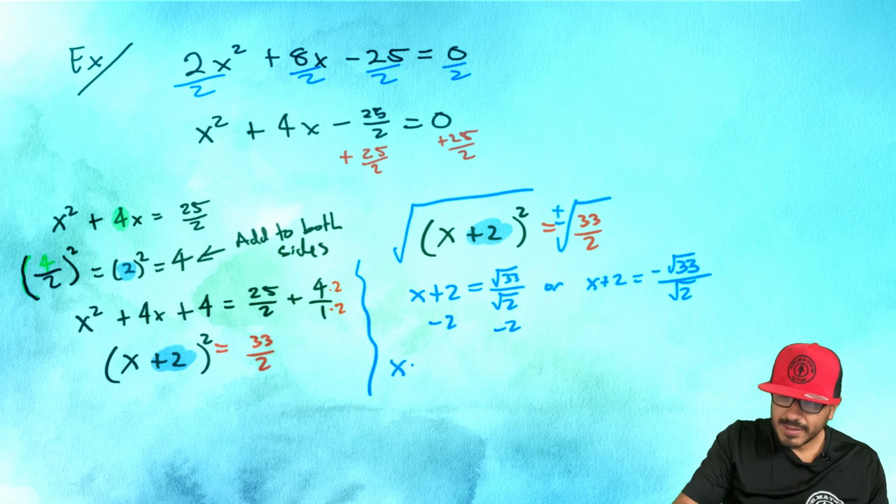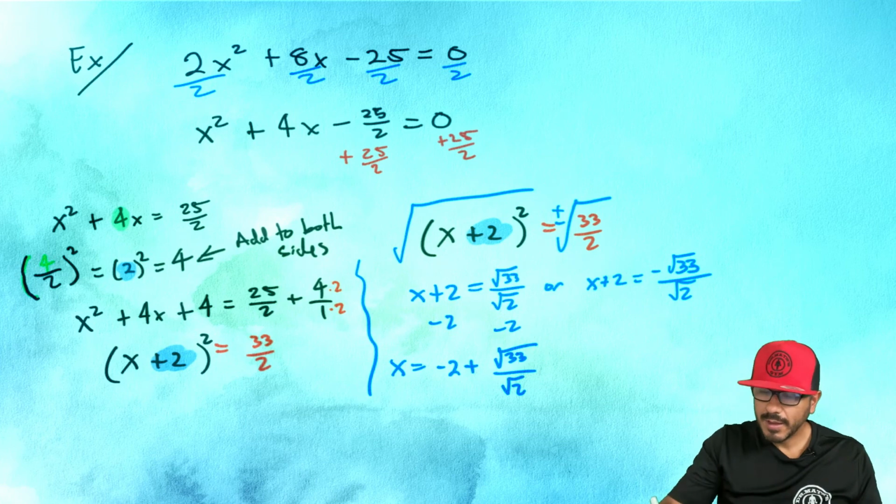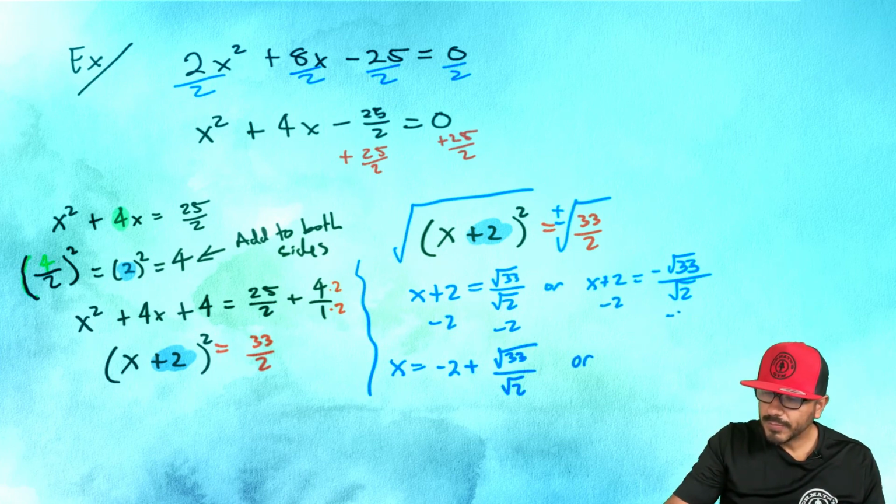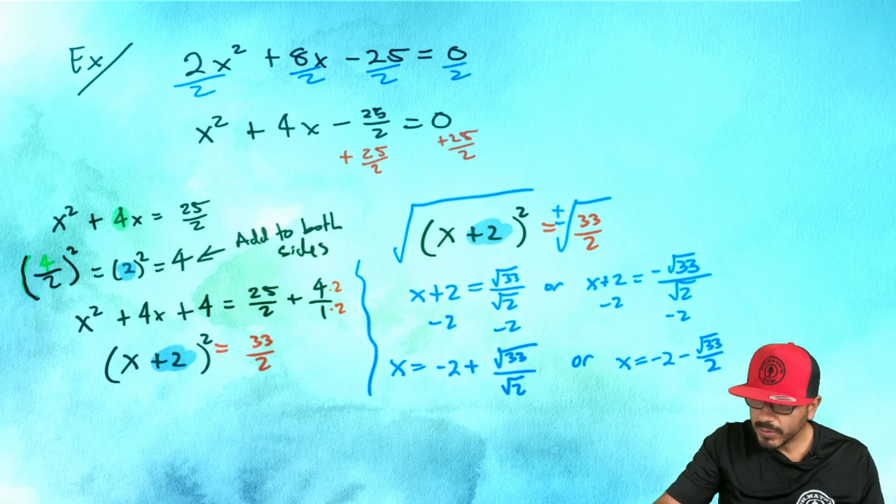So we get x equals negative 2 plus the square root of 33 over the square root of 2. And for this one, we're going to subtract 2 as well, and you're going to get x equals negative 2 minus the square root of 33 over the square root of 2.